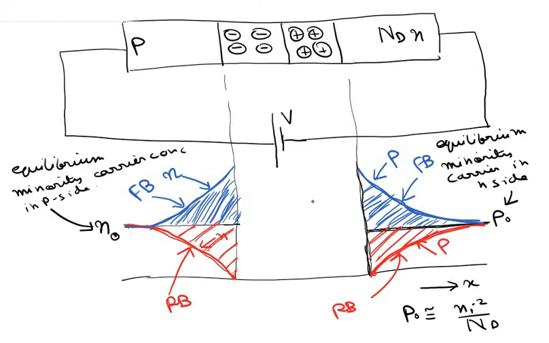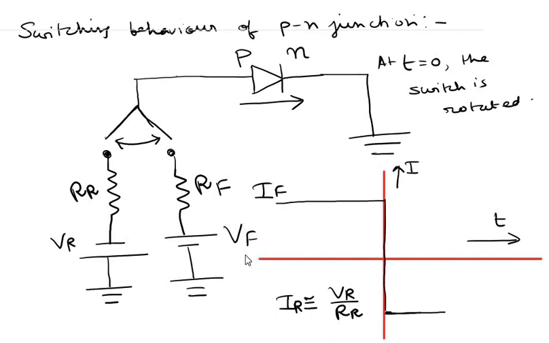So this current IR is actually necessary to remove these excess minority carriers from the junction, and this current IR is also necessary to actually change the depletion width. So to change the depletion width, excess depletion charge must be supplied, and this current IR does this job also.